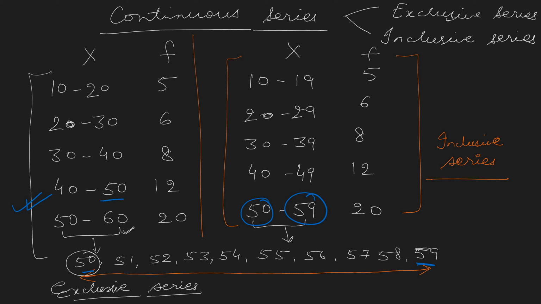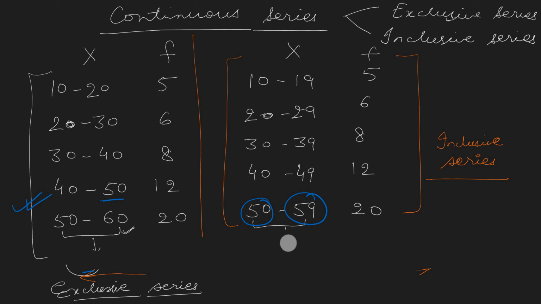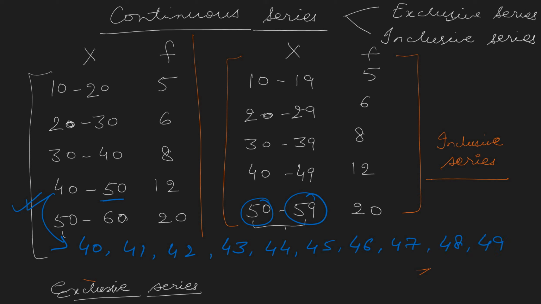For example, if you consider the class interval 40 to 50, the values included here will be 40, 41, 42, 43, 44, 45, 46, 47, 48 and 49. 50 will not be written here.